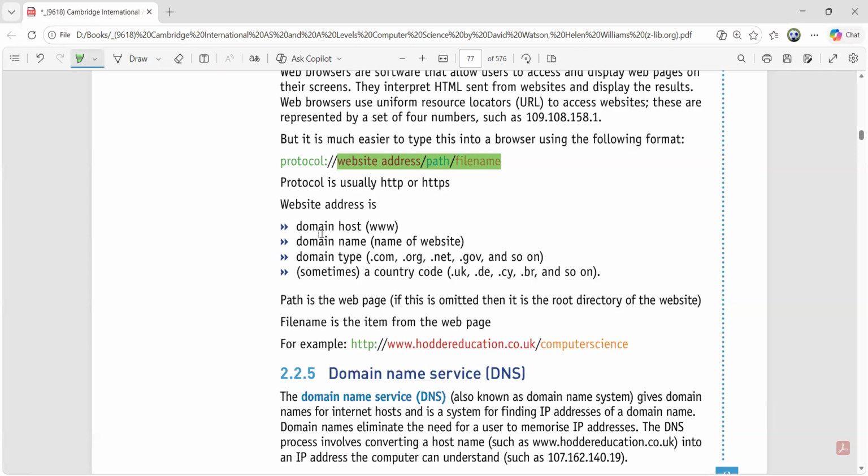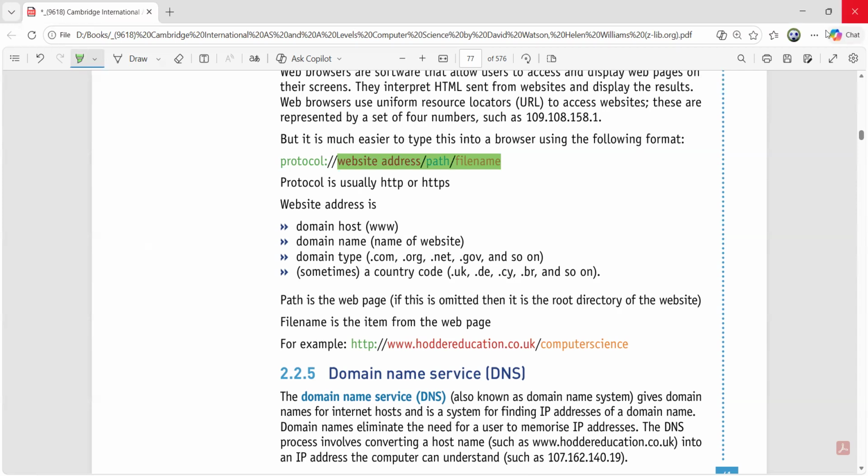Website address is divided into domain host, which is www, domain name, which is the name of the website, the type of the domain, which is .com, .org, .net, or whatever, and a country code that is denoted by .uk or .pk or whatever. Another example of this is mentioned here, and you can be asked in the paper to divide it and tell which part means what.